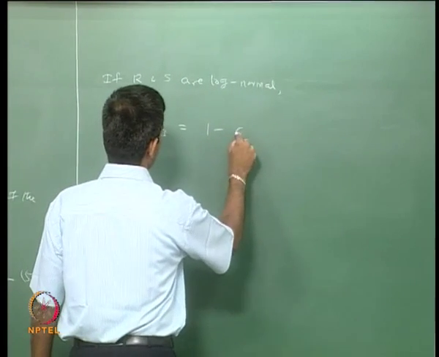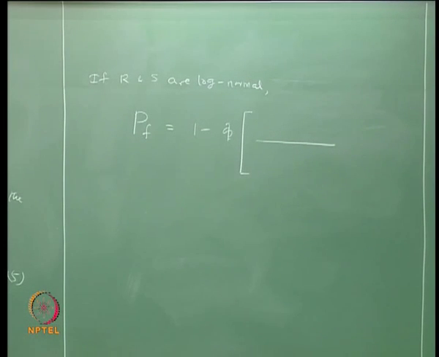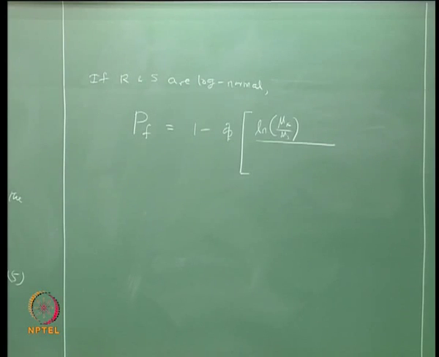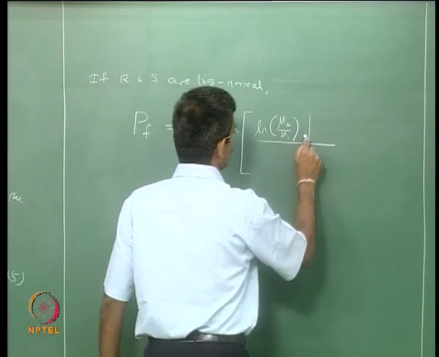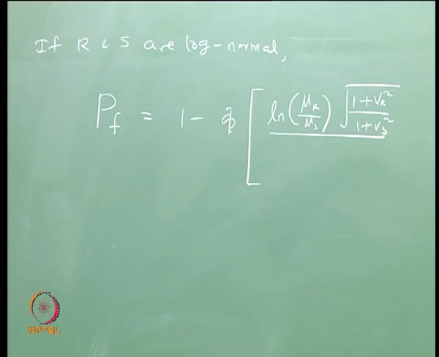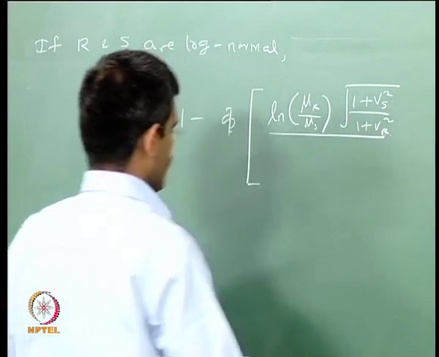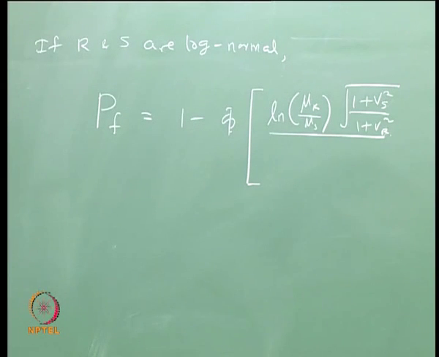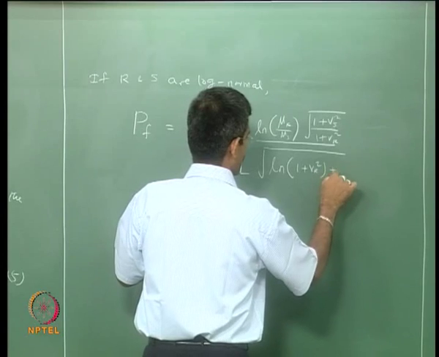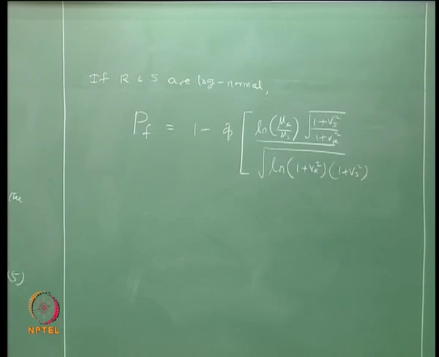It is 1 minus phi of, when they are log normally distributed, the natural logarithm of mu R by mu S divided by the square root of the sum of v R square and v S square, where these are v S and v R. This is equation number 6.